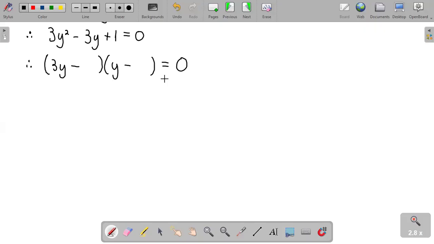Okay, what would be the factors here? We want to get a 1. So what is going to be the factor here?